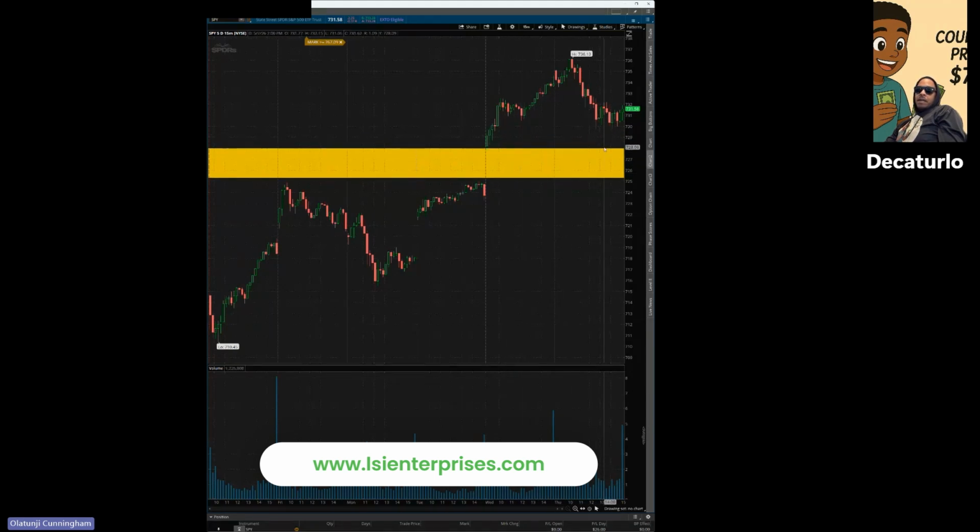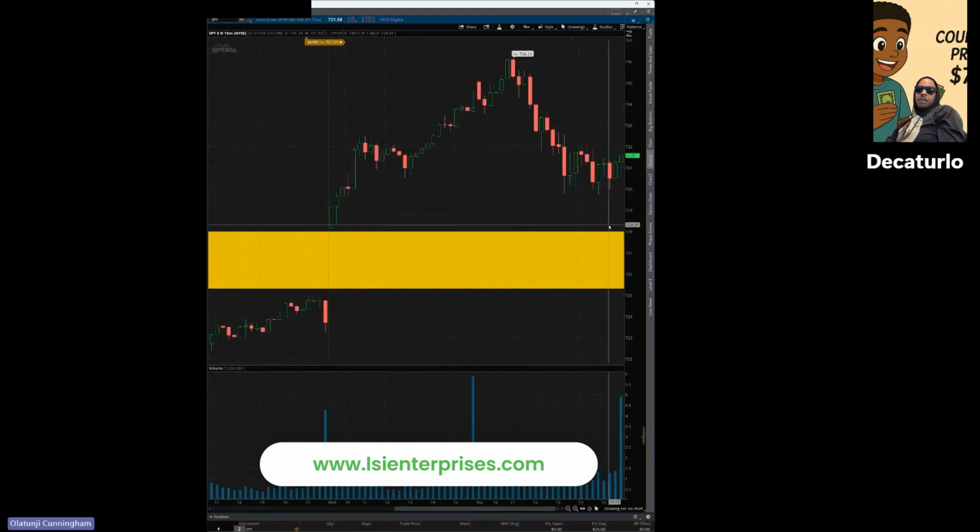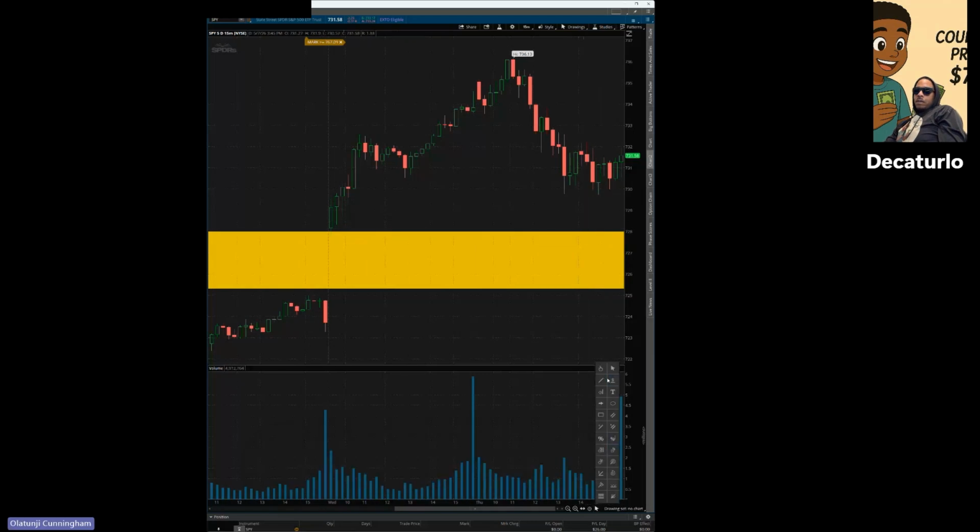And when it comes back down to this level right here, this is where you would start to buy. Let me draw it so you can see it. Let's say price comes back down, let you see the line.